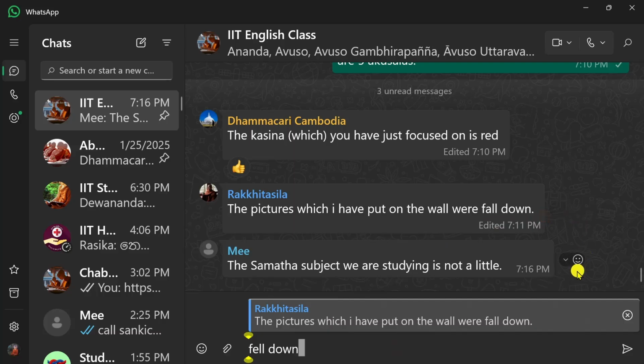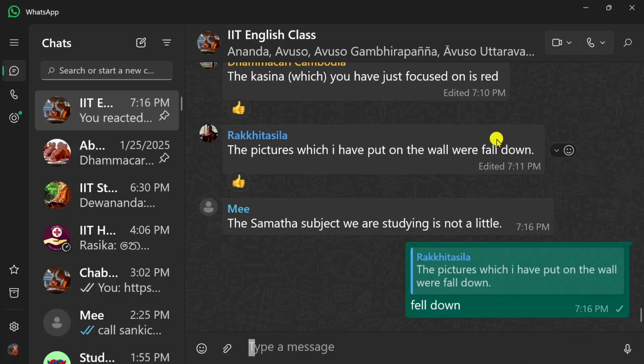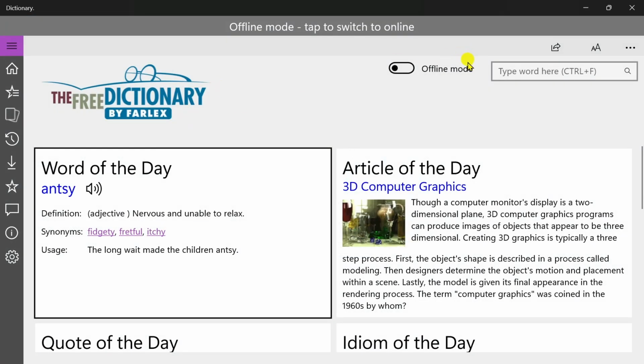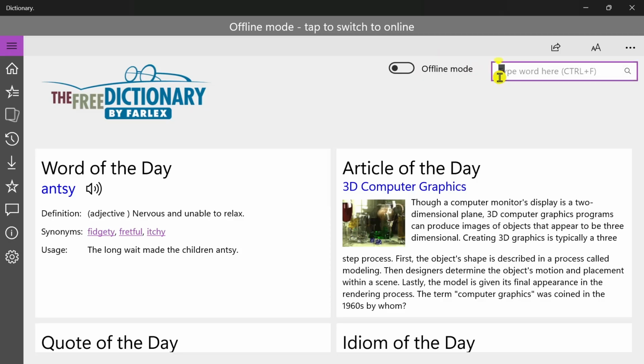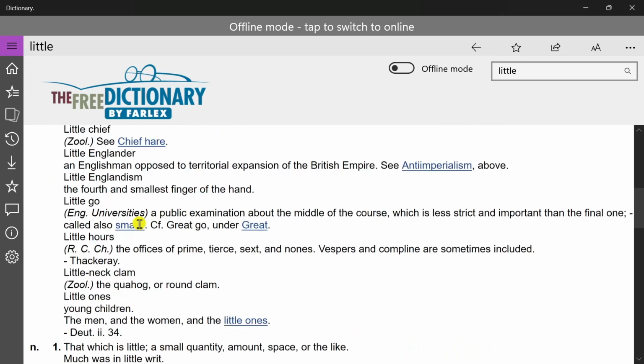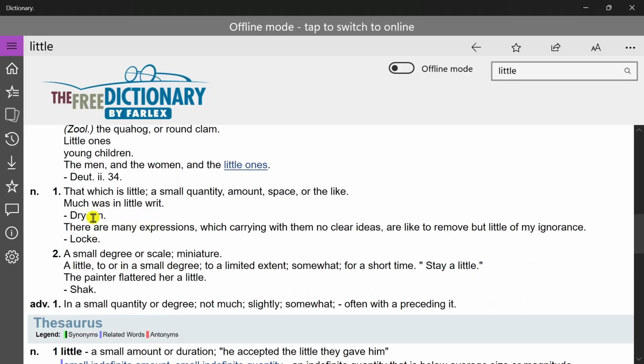The samatha subject we are studying is not a little. A little, right? As a noun, right? Little can be like an adjective, I think. I feel here it's many. I want to say it's many, but I don't want to say it's many.